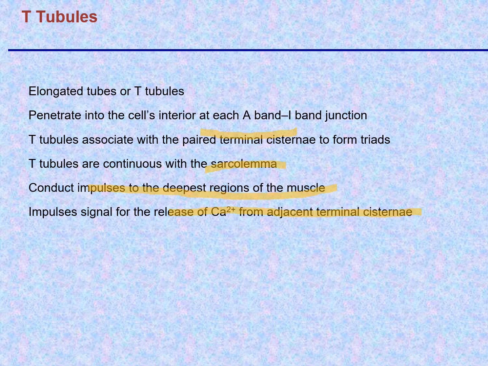So when a muscle is receiving motor neuron action potentials, those impulses will be transferred over to the skeletal muscle fiber and then dive down the T-tubules and trigger release of calcium from these terminal cisternae.